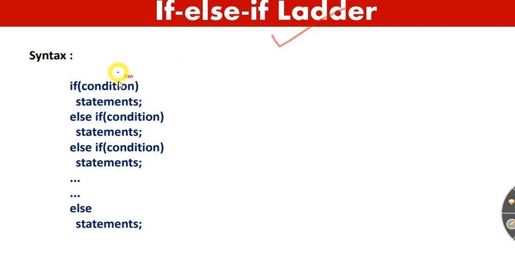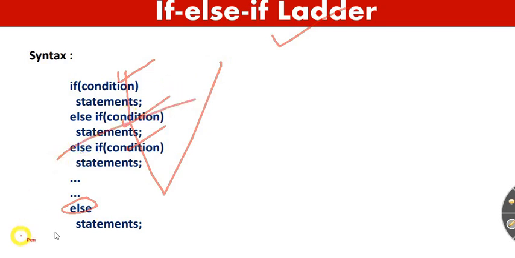The syntax is: if condition, else if condition, along with the statements, and at the last an else. If none of these conditions is matched, then the else part is going to be executed.